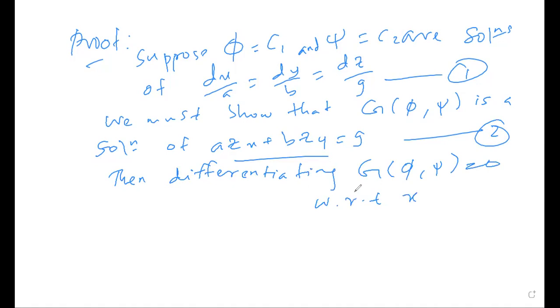I need to erase this window, so please write with me quickly. Differentiating this arbitrary function with respect to x, it has two variables now, pi and chi. So ∂g/∂x can be written using the chain rule.